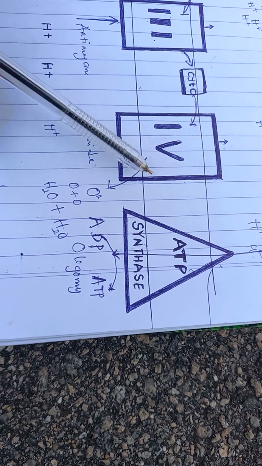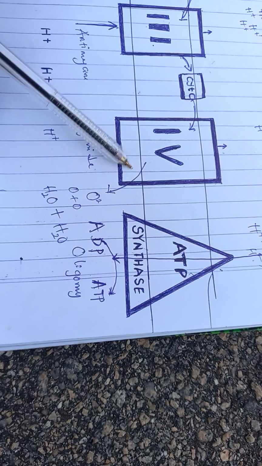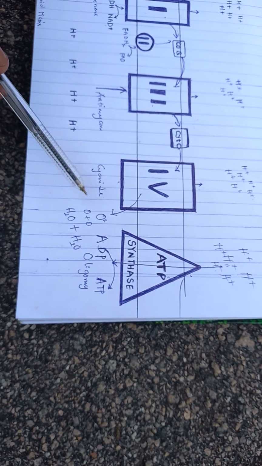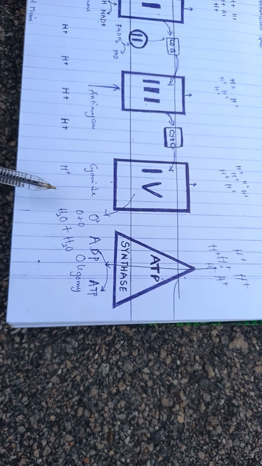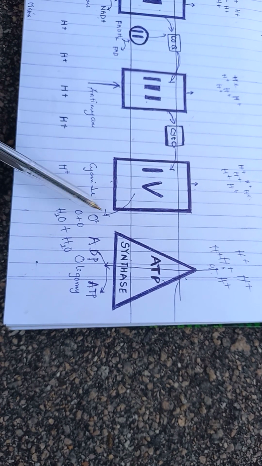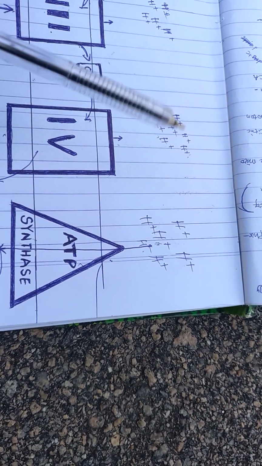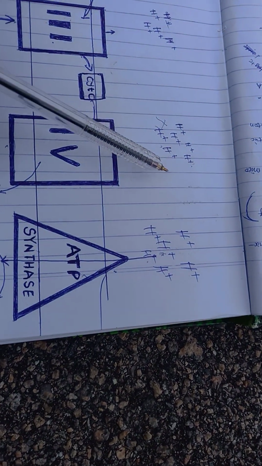Complex 4 receiving the electron gets supercharged again, just like what happened in complex 1 and 3. It moves protons again from the mitochondrial matrix into the intermembrane space, forming another mass of protons here.